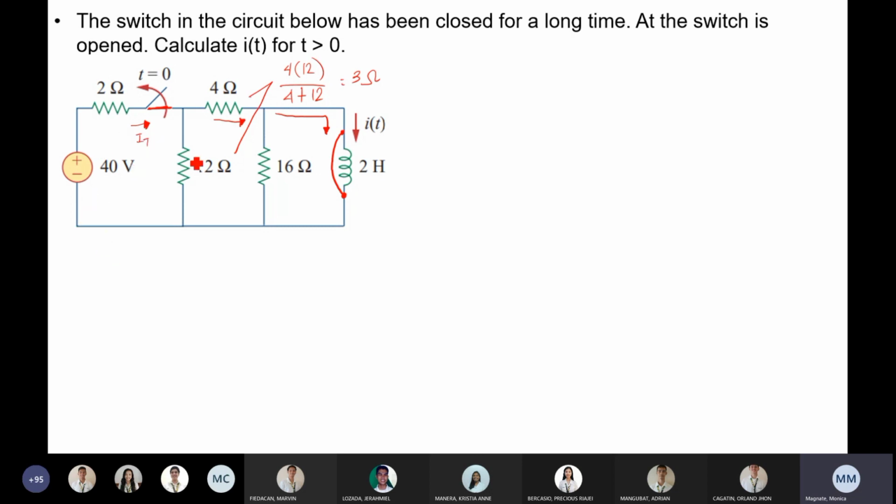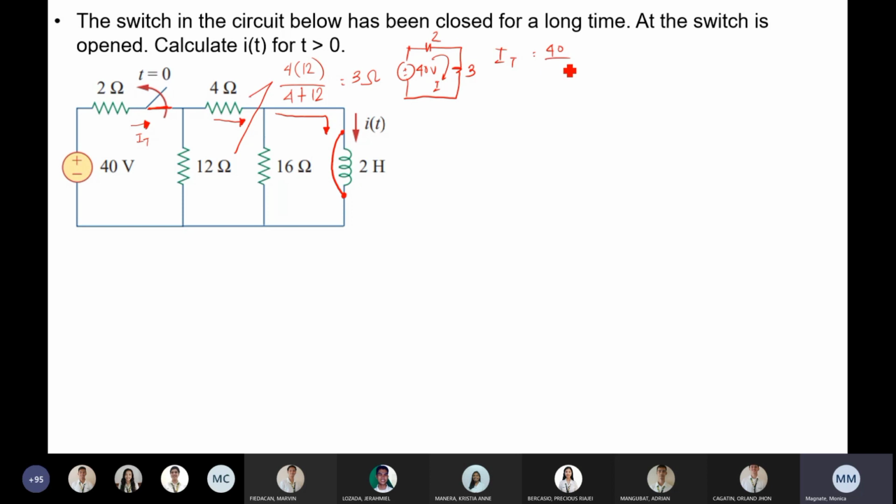So, I total natin, by Ohm's law, pinag-combine na natin, so mayroong 3 lang dyan. So, naka-series na lang na ganito, no? Ito yung 2, ito yung 3, tapos ito yung 40 volts. So, para makuha yung current, by Ohm's law lang.